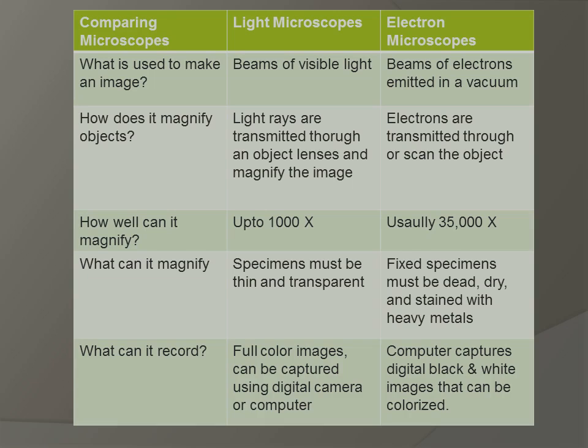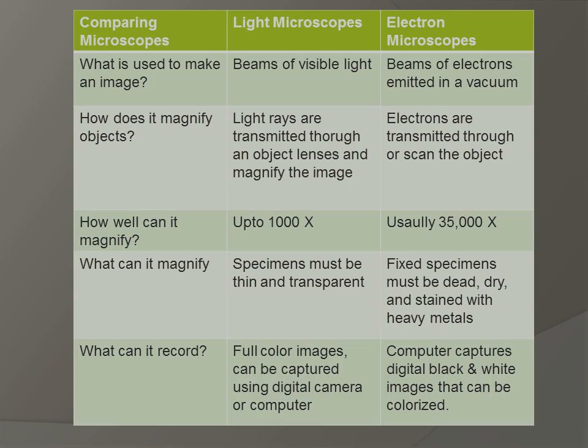And the next one is what can it magnify? The specimen must be thin and transparent. Transparent material should be used as a specimen in the case of light microscopes, whereas in electron microscopes you can use specimens of dead or dry materials stained with heavy metals.